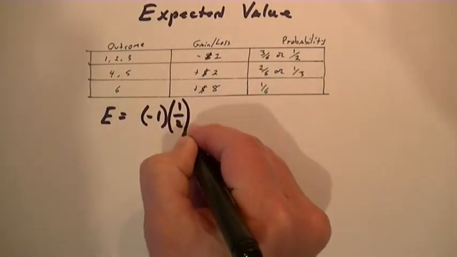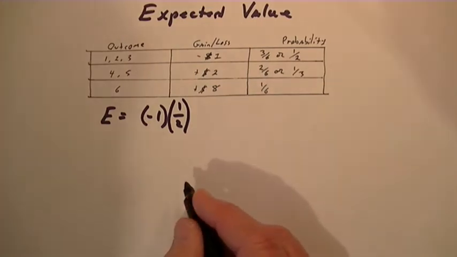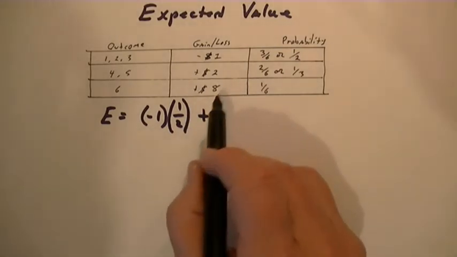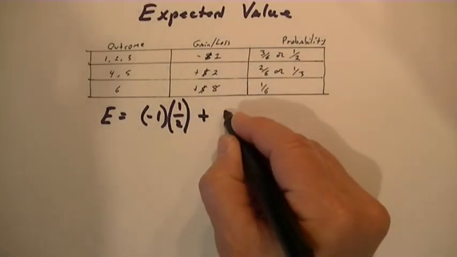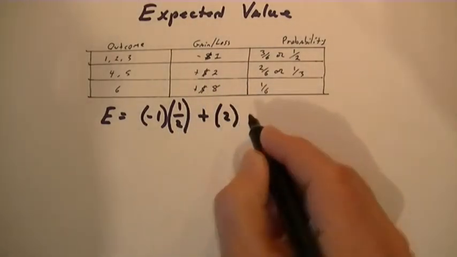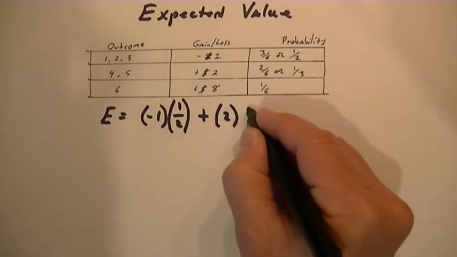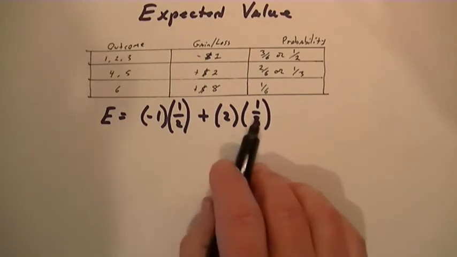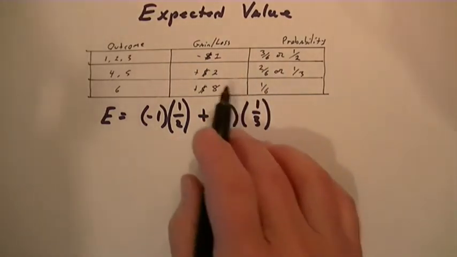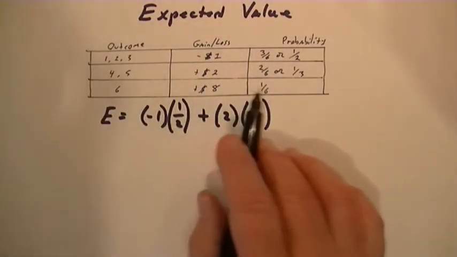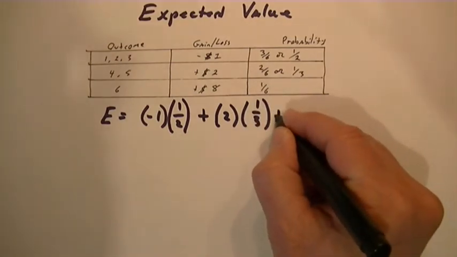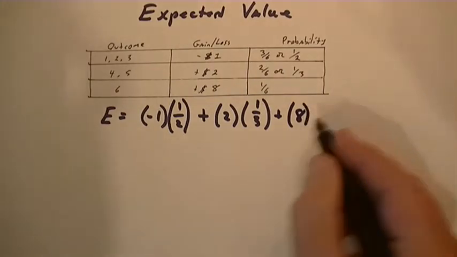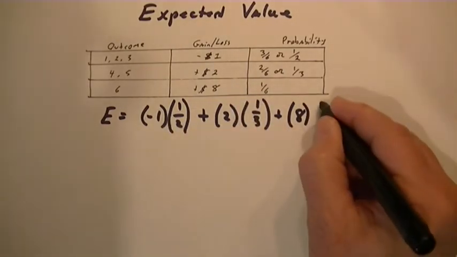That's the probability that that's going to happen. Then we're going to add to it this outcome. We're going to win $2, and the probability of that happening is 1 in 3. Okay, so we're taking the outcomes times the probability that that outcome is happening, and then we're simply adding them all together. Finally, we could win $8. And the probability of that happening is 1 in 6.